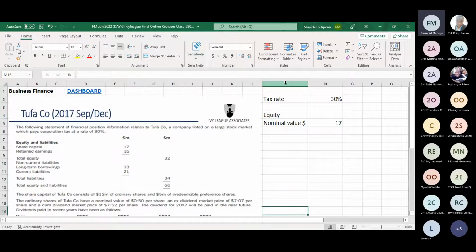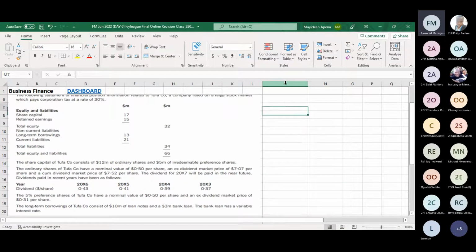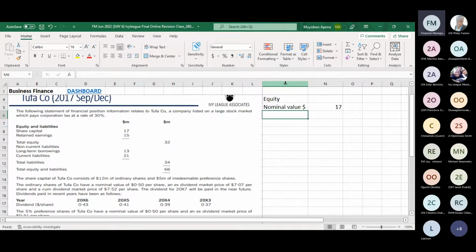So let's look at the additional information as it relates to equity.